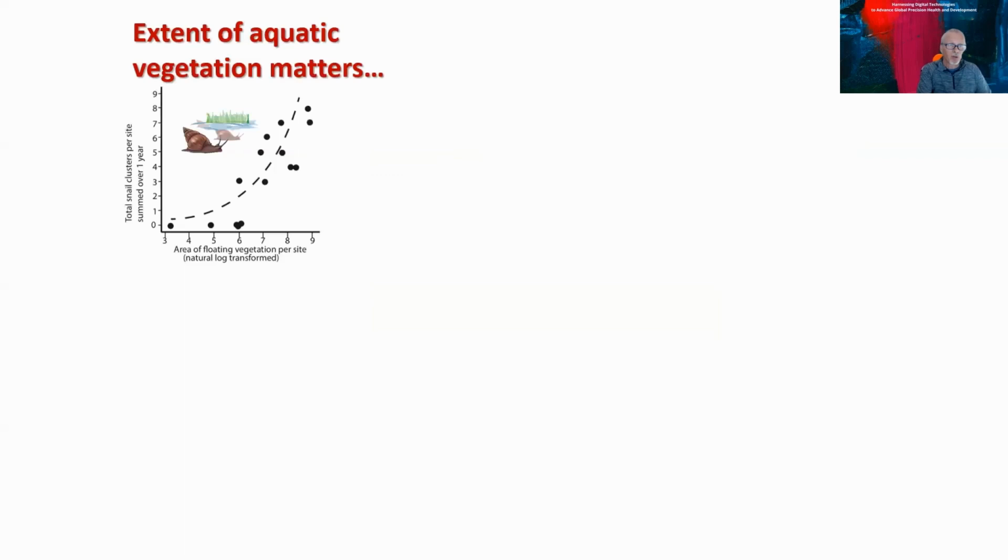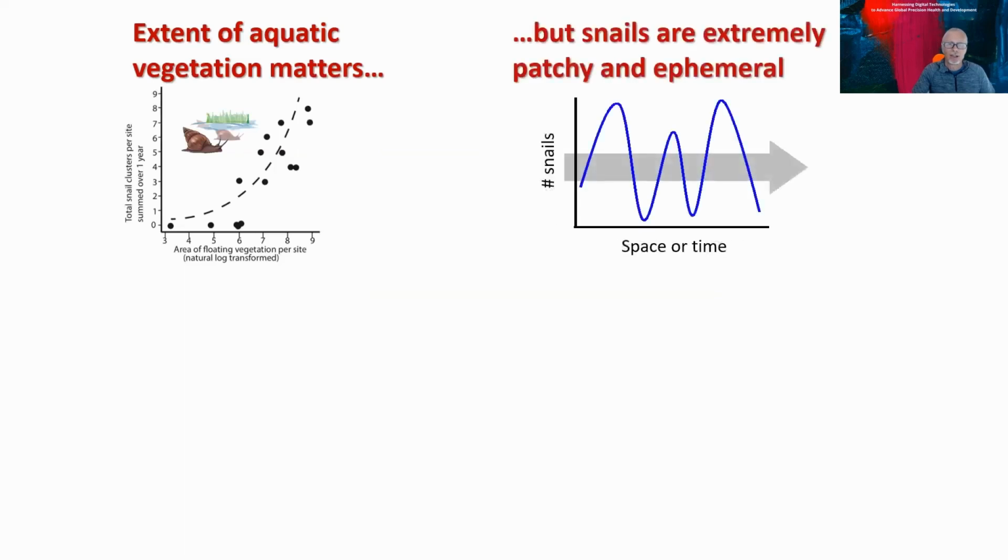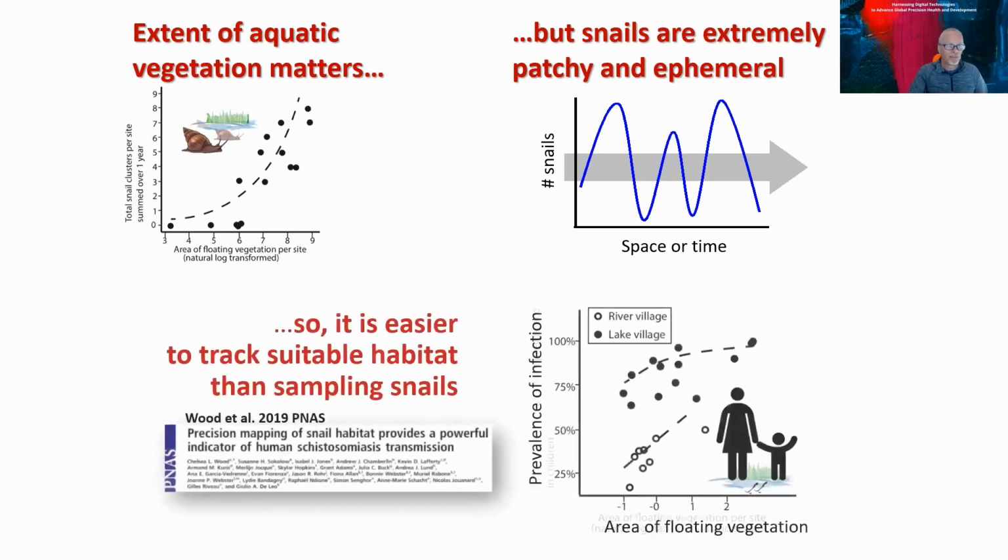The extent of aquatic vegetation matters. The more aquatic vegetation, the more snails and snail clusters we found. We confirmed the fact that these habitats are extremely patchy and ephemeral. They fluctuate in time a lot. In fact, it's much more efficient to understand the potential risk of transmission by tracking suitable habitat, which we can spot from the drone imagery, than by sampling snails as we did side by side.